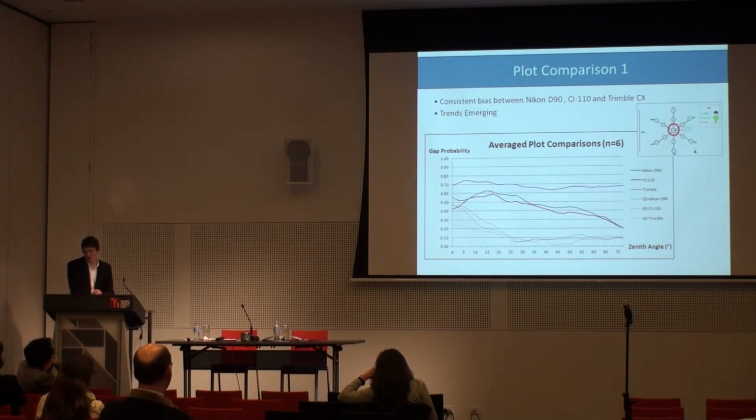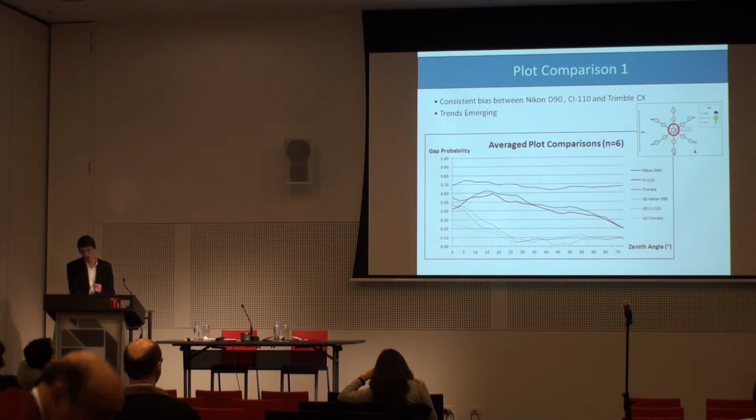This was a comparison done at 6 different plots throughout the study site, where the study site was a 3 by 3 kilometre area. These were just measurements at the centre of each plot. The instruments used here were the Trimble, the phase-based laser scanner, the CR110 and the Nikon D90.